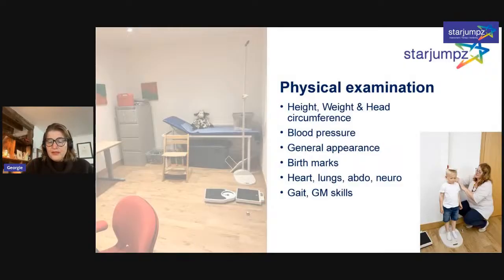I'm always fascinated by the fact that I can have a same-age child with the same list of conditions, and yet the way that those conditions are impacting them can be completely different, and the way that they're presenting in school can be completely different.